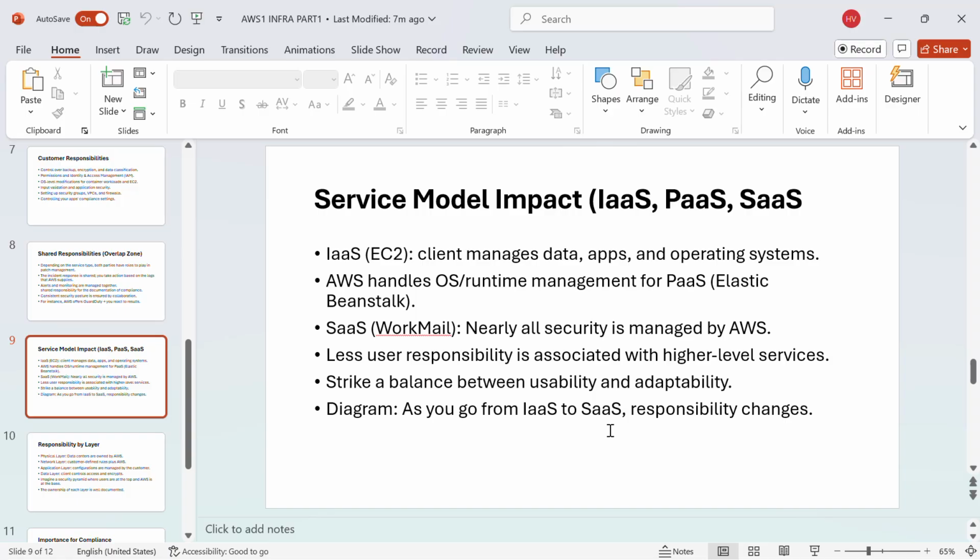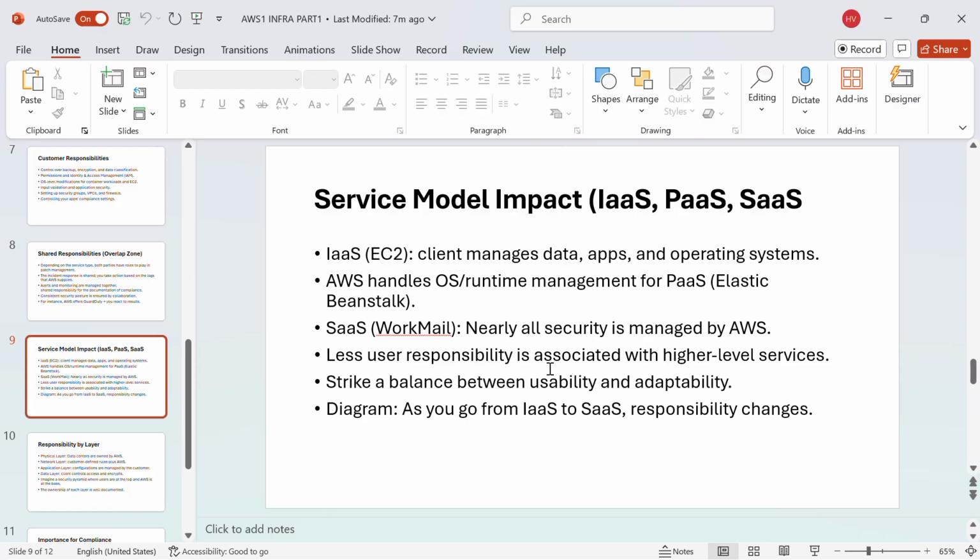Service model impact: IaaS, PaaS, SaaS. In IaaS, the client manages data, apps, and operating systems. AWS handles the OS and runtime management for PaaS, for example Elastic Beanstalk. SaaS, for example WorkMail: nearly all security is managed by AWS.